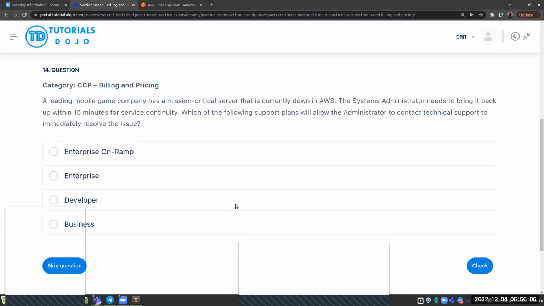Thank you. The next question is from Maureen. A leading mobile game company has a mission critical server that is currently down in AWS. The system administrator needs to bring it back up within 15 minutes for service continuity. Which of the following support plans will allow the administrator to contact technical support to immediately resolve the issue?